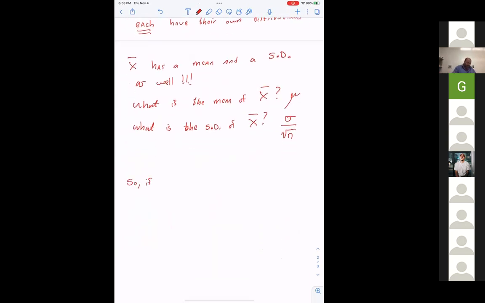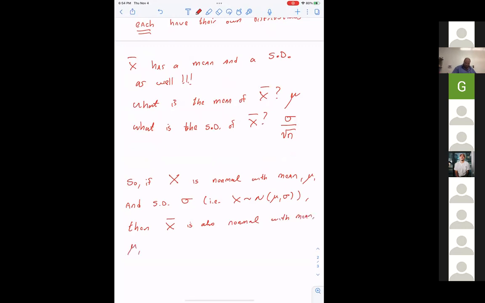So if the original X, not X bar, the original X is normal with mean mu and standard deviation sigma, i.e. X is normal with mu sigma, then X bar is also normal with mean mu and standard deviation sigma over the square root of n, i.e. X bar is normal mu sigma over the square root of n.